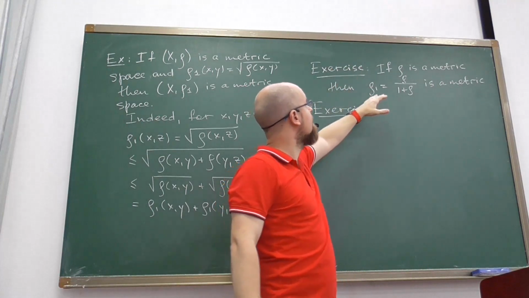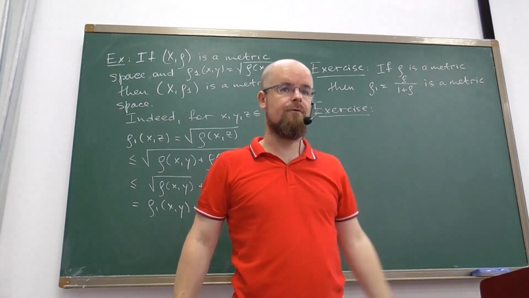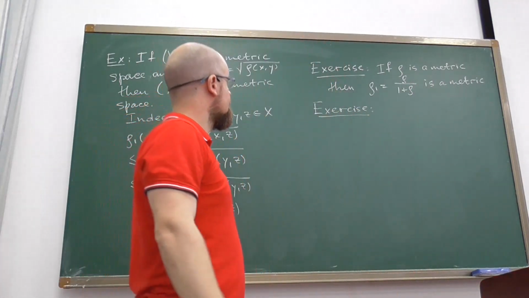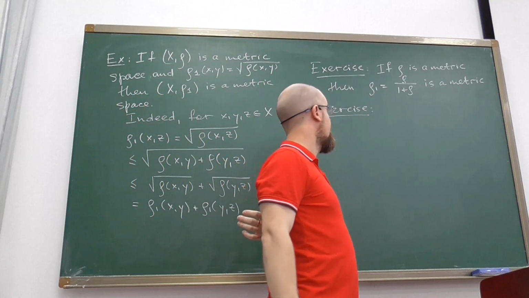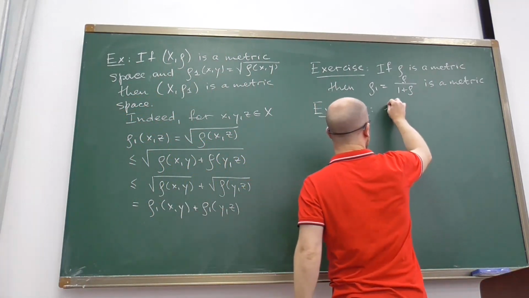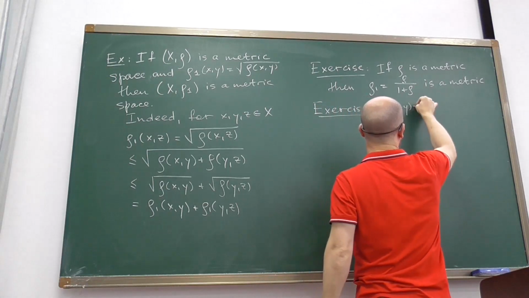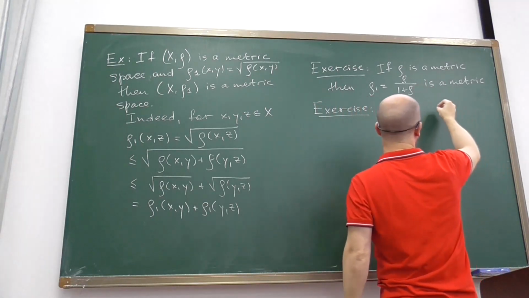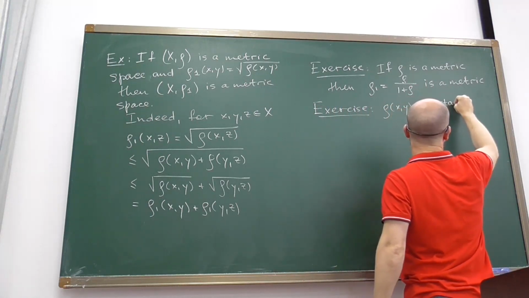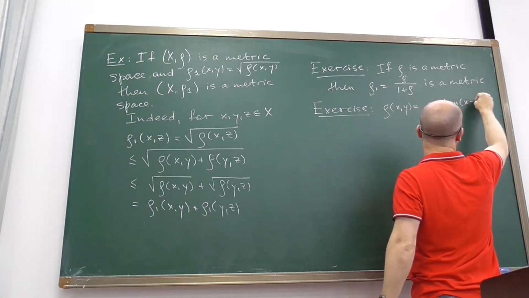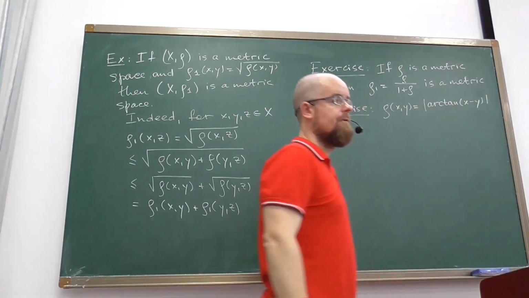If on some set rho is a metric, then rho 1 is a metric on the same set. For exercise 2, we will be on R1. Rho of xy equals the absolute value of arc tangent of x minus arc tangent of y.